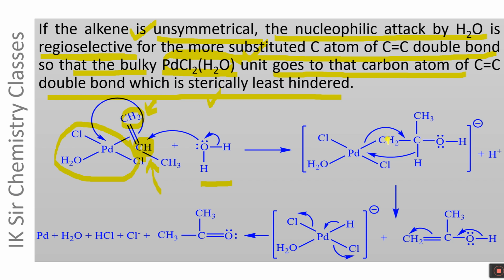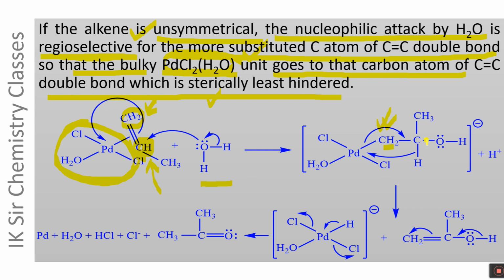goes to that carbon atom of the carbon-carbon double bond which is sterically least hindered, in order to minimize steric hindrance. H2O attacks the sterically more hindered carbon atom of the carbon-carbon double bond coordinated to the metal so that the bulky PdCl2H2O unit goes to the carbon atom which is sterically least hindered.